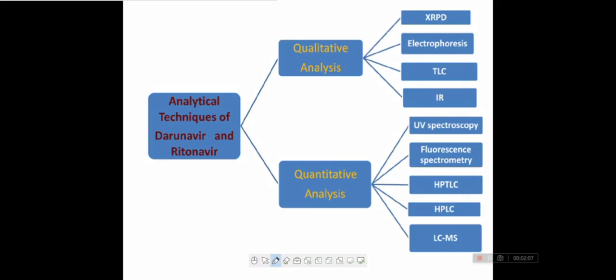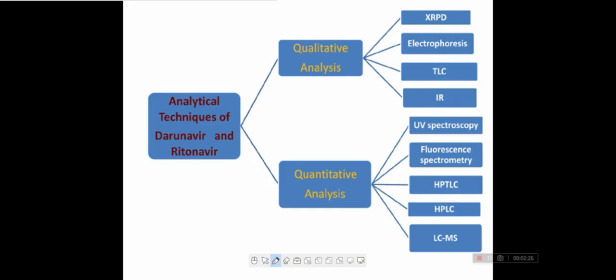Classification of the analytical techniques. Analytical techniques are classified according to the qualitative and quantitative basis. First of all, what do we mean by qualitative and quantitative?